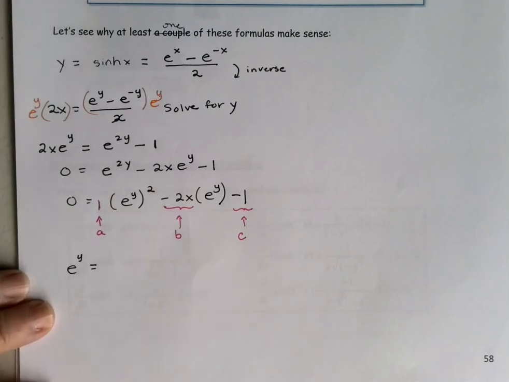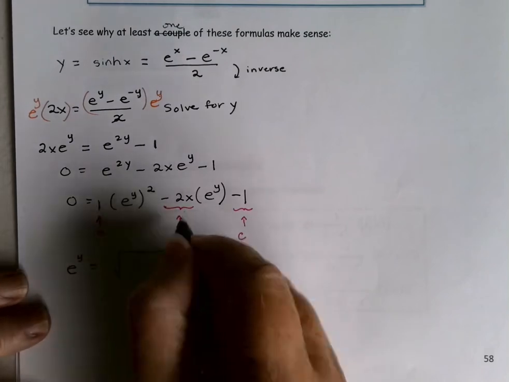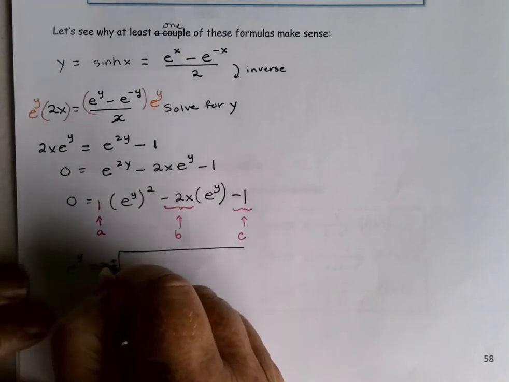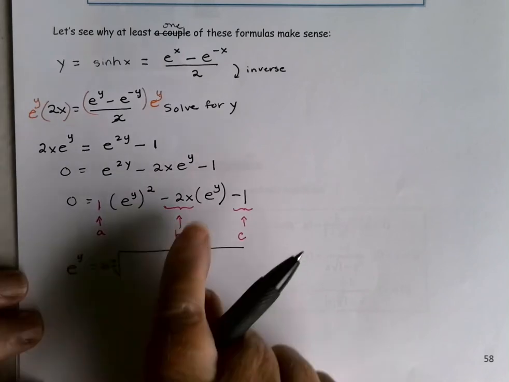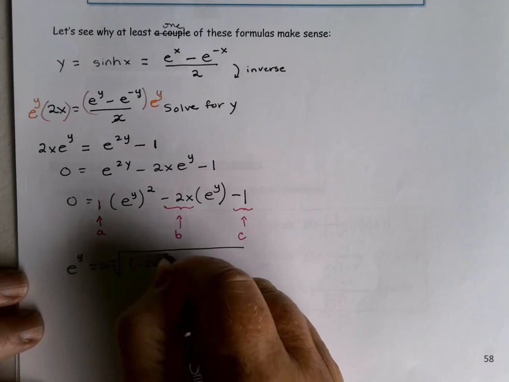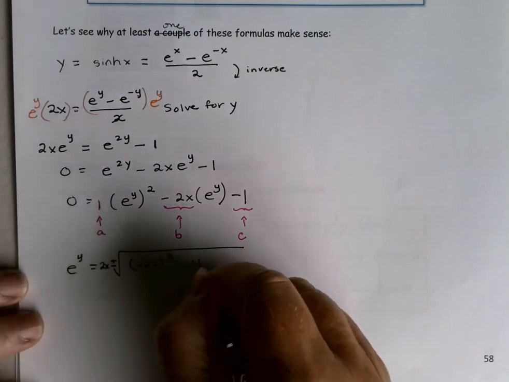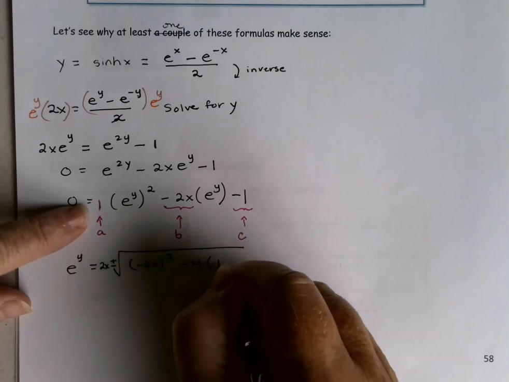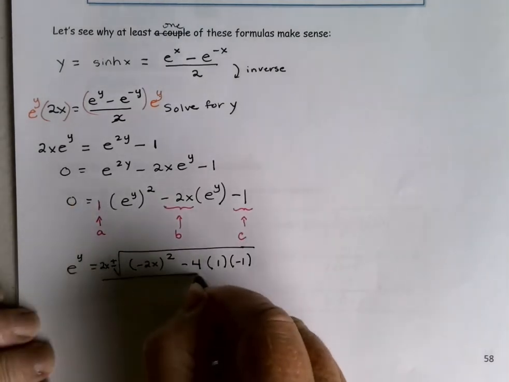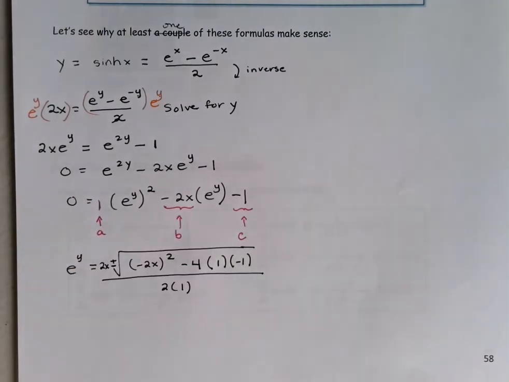So it'll be e to the y equals, and here comes the quadratic formula, minus b would be 2x, plus or minus the square root of b squared minus 4 times a times c, over 2 times a.